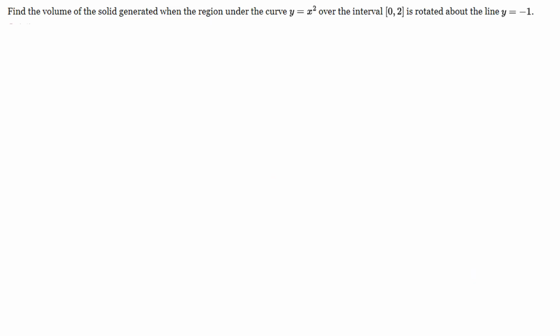Okay, so the next question, and for this part the last question. Find the volume of the solid generated when the region under the curve y equals x squared over the interval of 0 till 2 is rotated about the line y equals -1. First of all, try to understand what they are telling you.